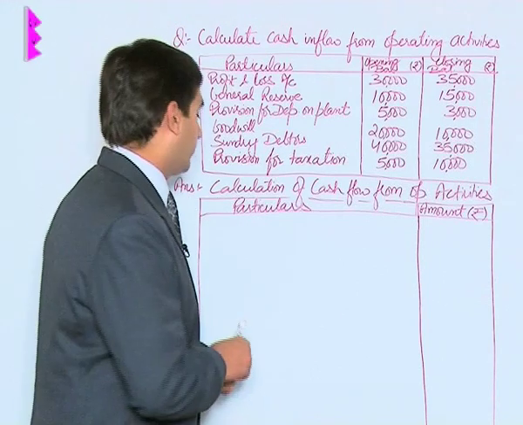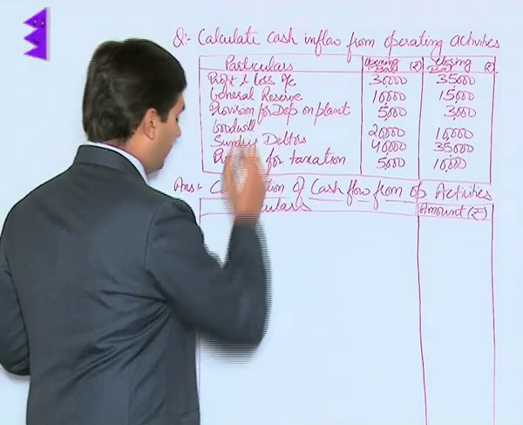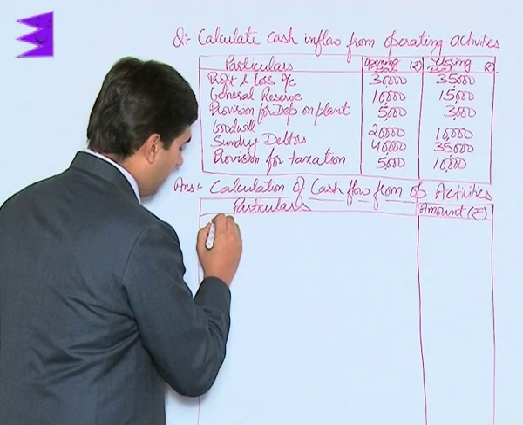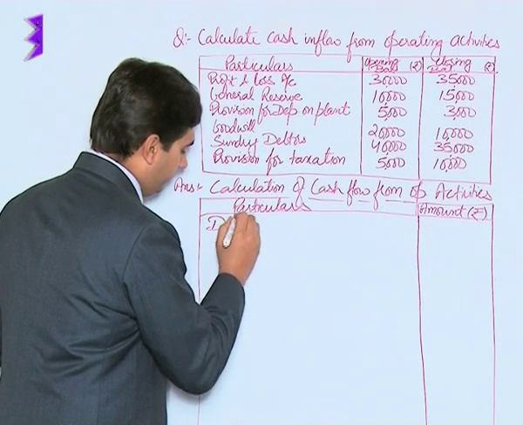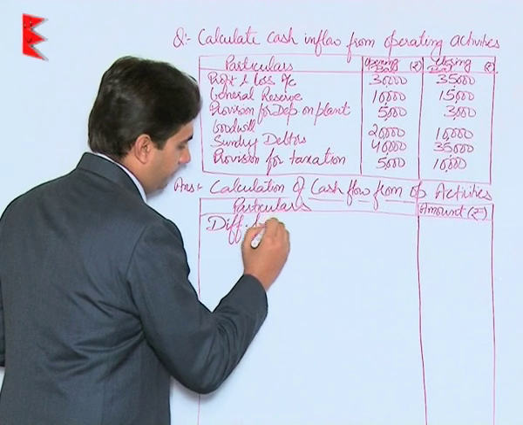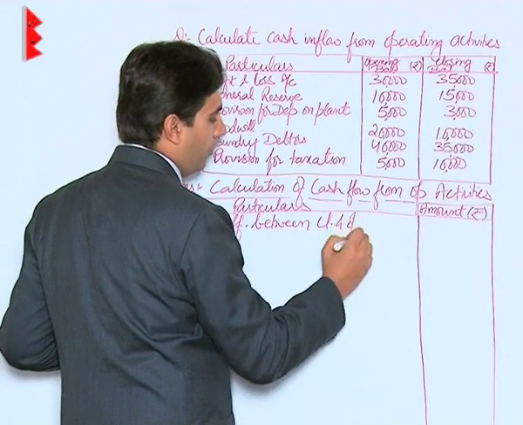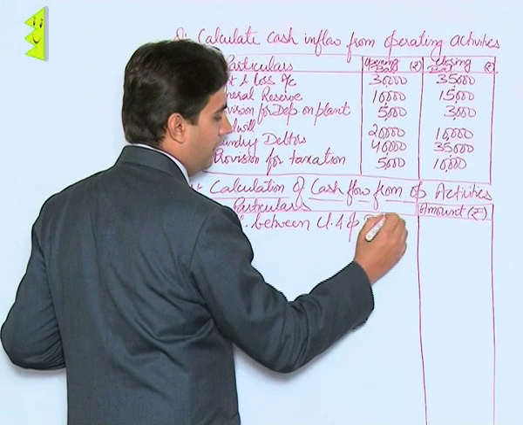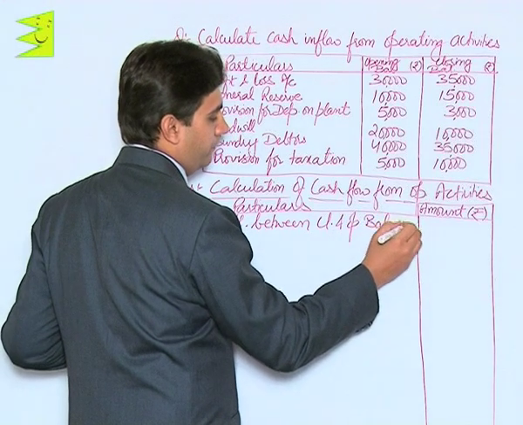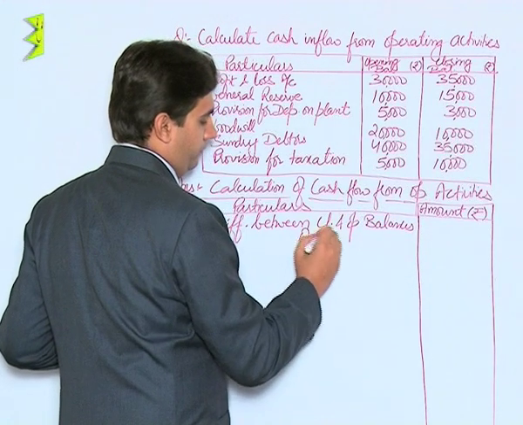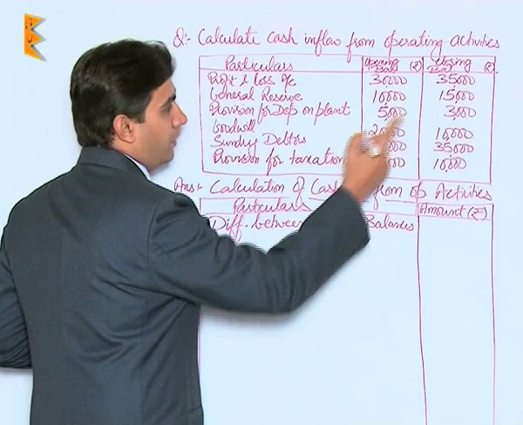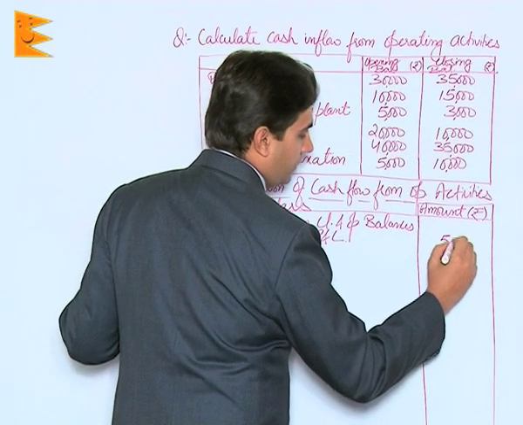So now students, starting with it, first thing is the difference between closing and opening balances of P&L. That is 5,000.